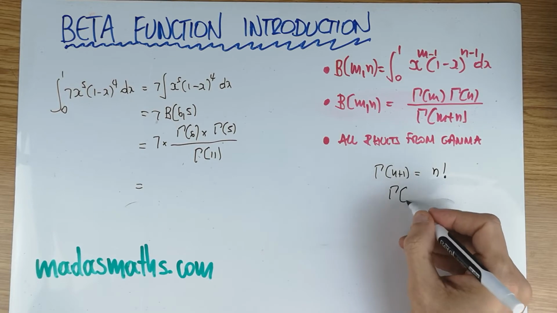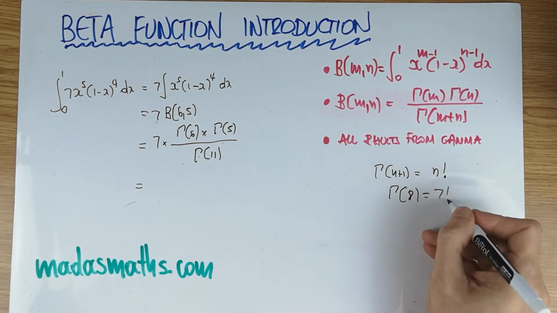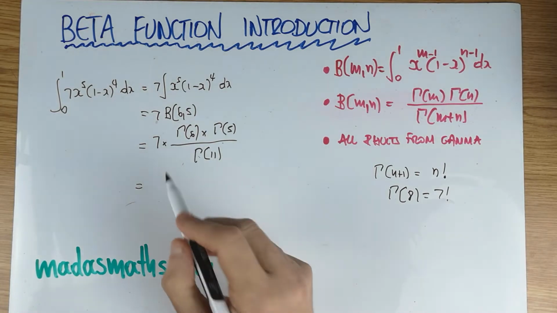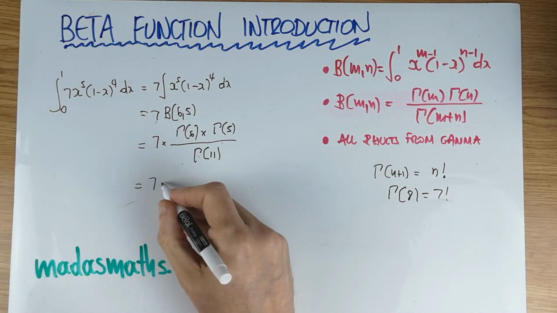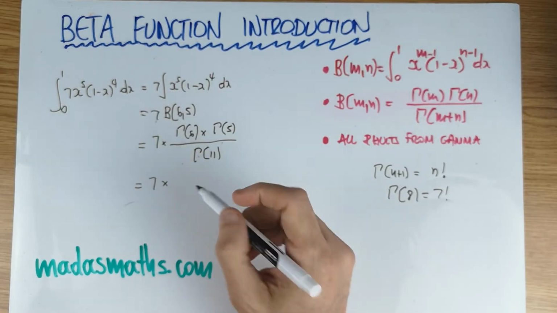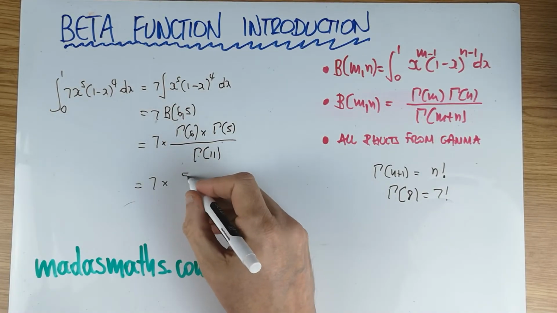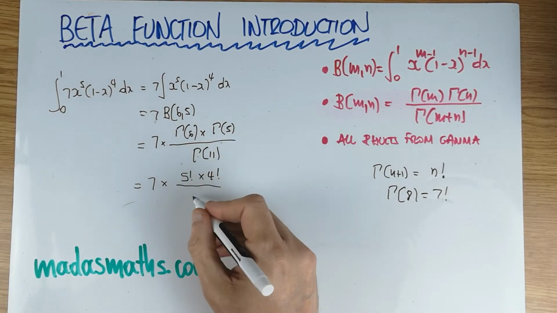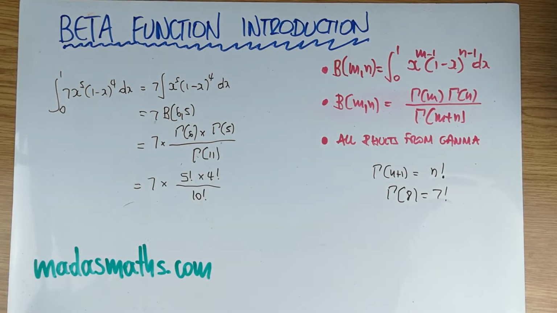So for example, gamma of 8 is 7 factorial, 1 less. For this particular one, I'm going to take the bigger gamma from the top. So that's a 5 factorial, first of all. Let's write it: 5 factorial times 4 factorial divided by 10 factorial.